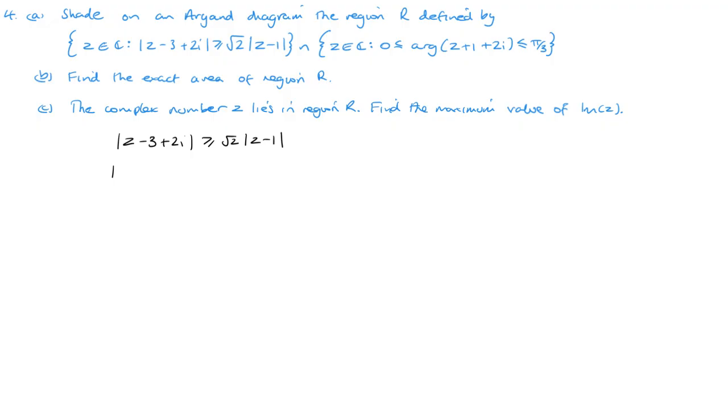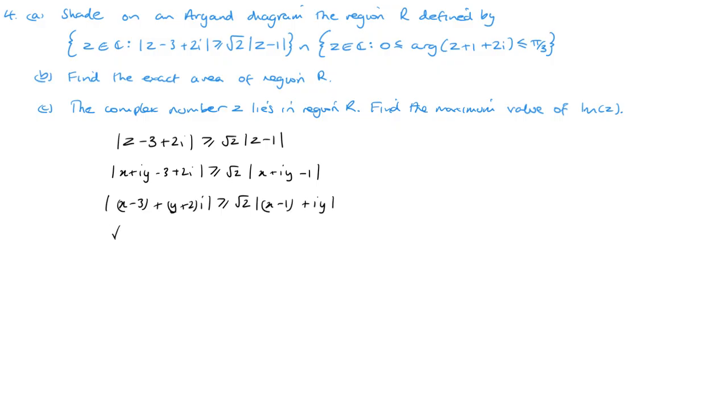Now let's replace z with x plus iy. And then let's rearrange to get the real and imaginary together. So (x - 3) + (y + 2)i, and x - 1 + iy.